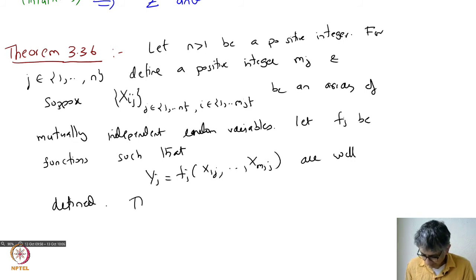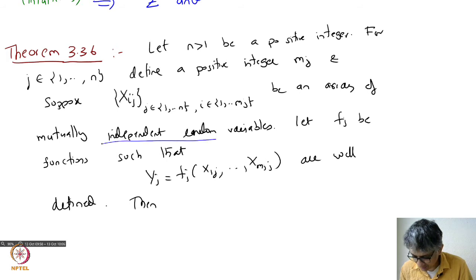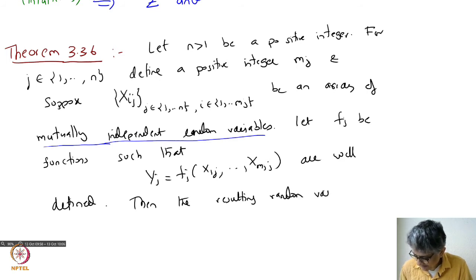Then, they're all independent. So this is crucial: this whole collection is independent. Then if I look at the Y sub j, the resulting random variables Y_1, Y_2, up to Y_n are mutually independent.